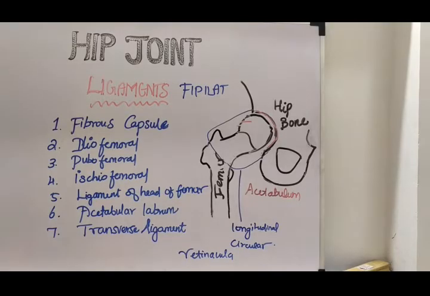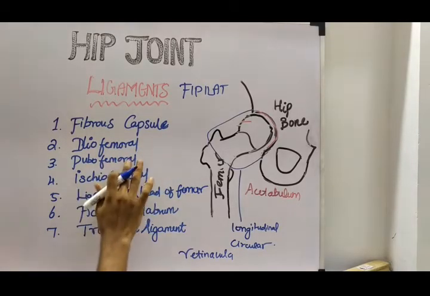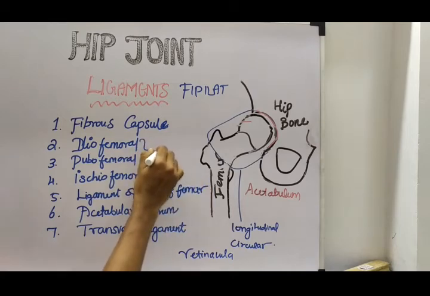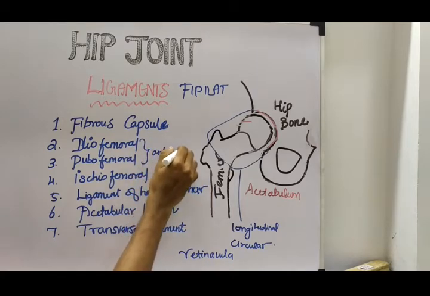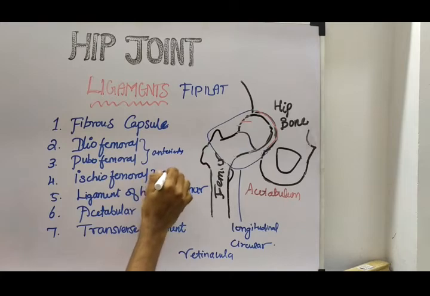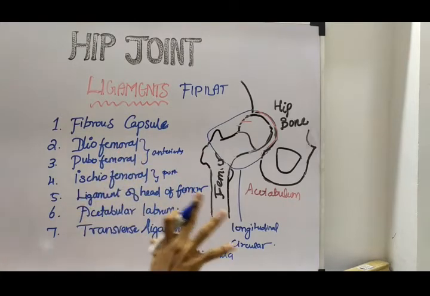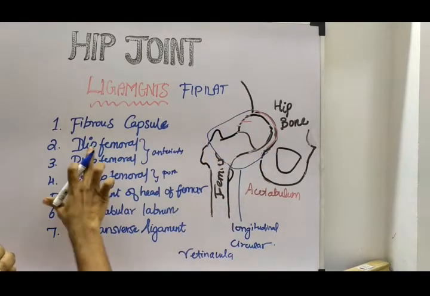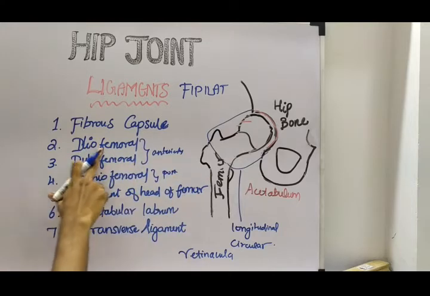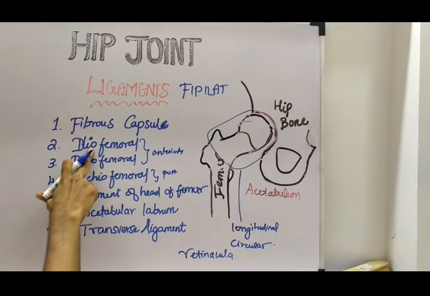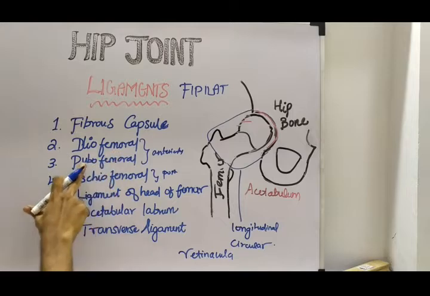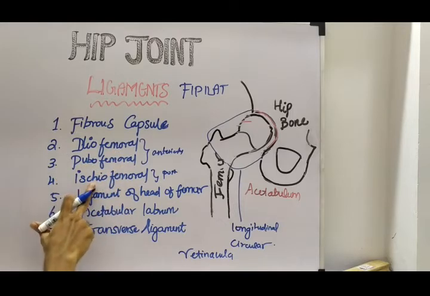Now the next thing is the iliofemoral and pubofemoral ligaments. These two ligaments are present anteriorly and the ischiofemoral ligament is present posteriorly. First we'll see the iliofemoral ligament. You can see from the name iliofemoral, it attaches from the ilium to the femur, pubofemoral from the pubis to the femur, and ischiofemoral from the ischium to the femur.